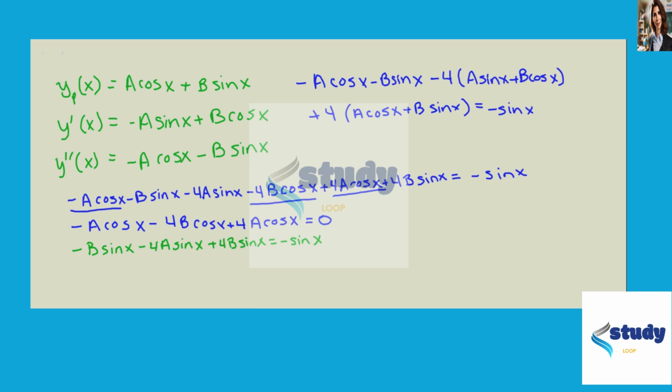So I have negative 4a sine of x, 4b minus 1b is plus 3b sine of x.